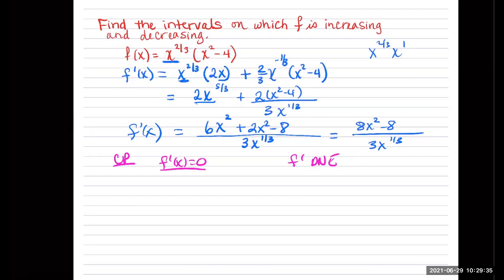Okay, so this fraction is going to be equal to 0 when the top equals 0. And so if we solve that for x, we take the square root of both sides and we get plus or minus 1.